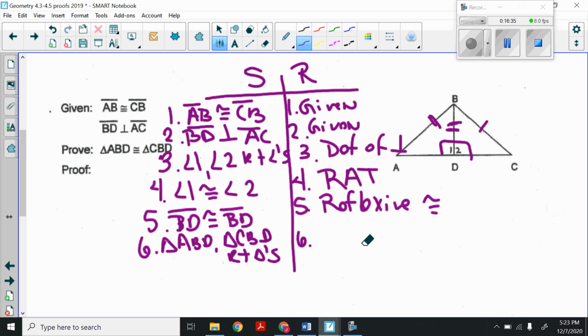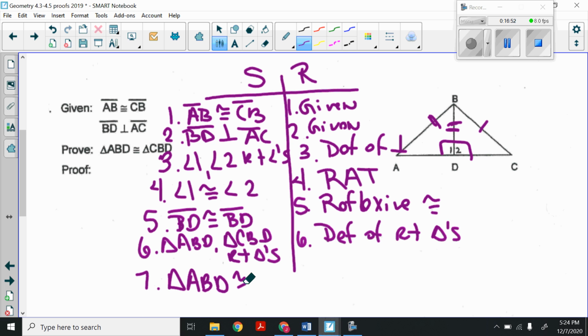My reason, definition of right triangles, right? A right triangle is one that has a right angle in it. Well, I already have up here that they have right angles. So now I have three things. So now I can say triangle ABD is congruent to triangle CBD. And my reason is HL, hypotenuse leg.